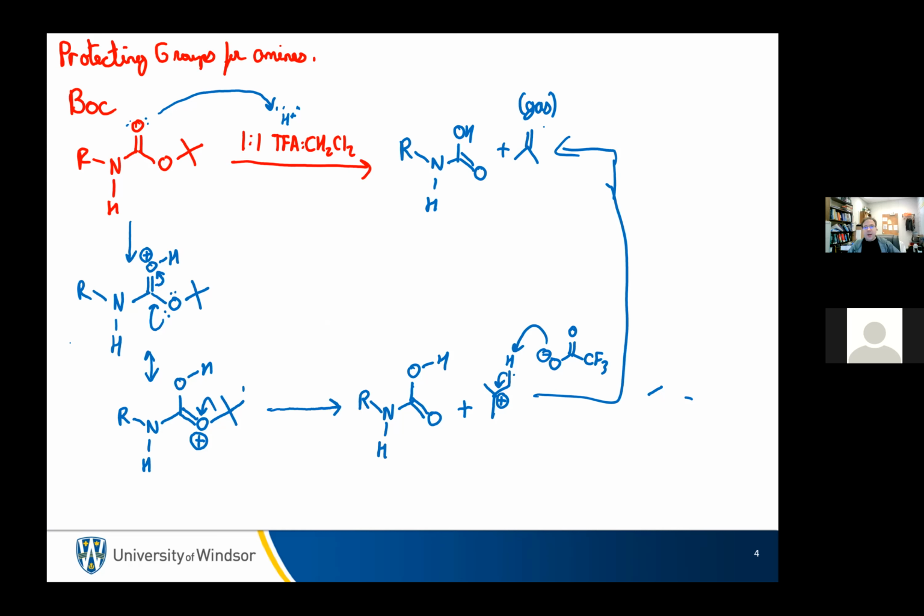And the isobutylene is a gas. So the trifluoroacetic acid, you're keeping track, doesn't get consumed as catalytic. We do use a lot of it to really push the reaction forward and make sure we have a nice acidic environment. But the TFA just regenerates. Your only byproduct is a gas which evaporates away.